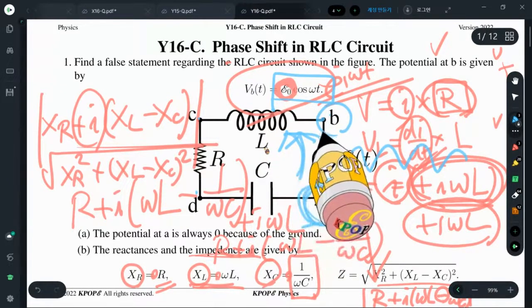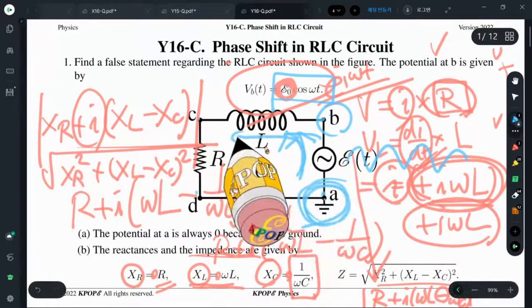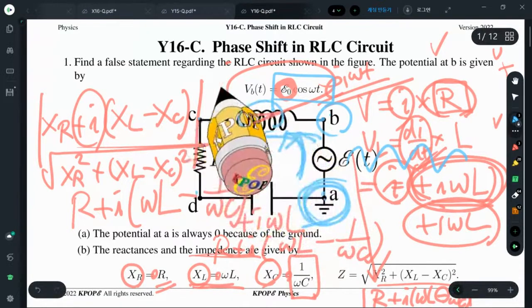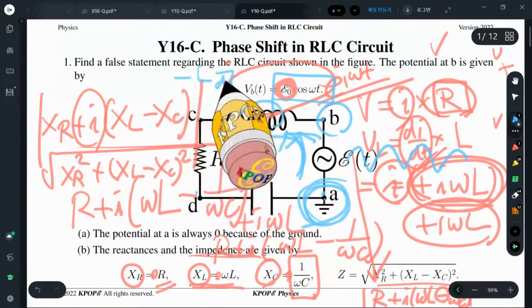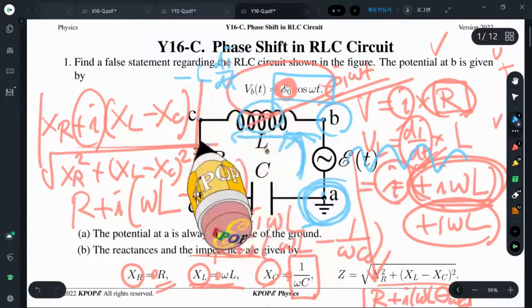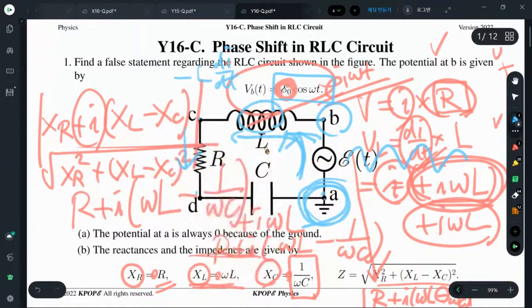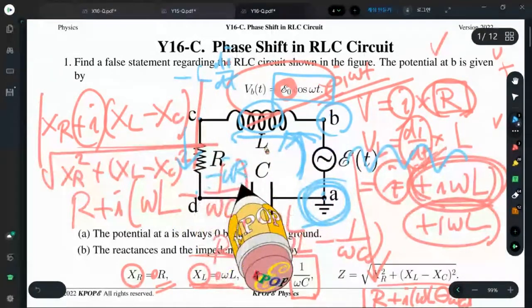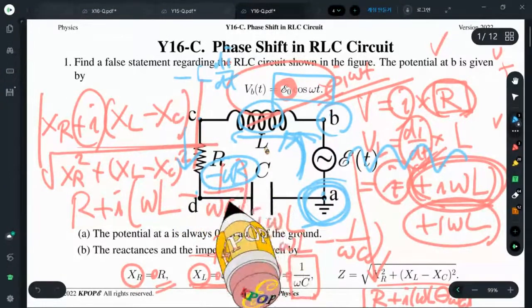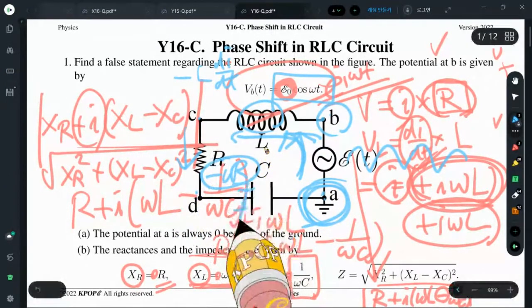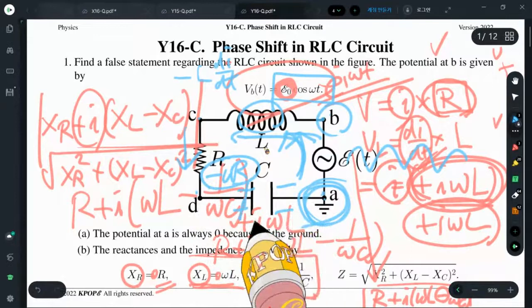When you follow the current, the change in potential is minus L di over dt. The potential becomes minus IR, it decreases. So as current flows, it is positively charged, negatively charged.